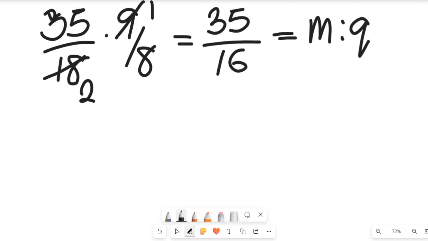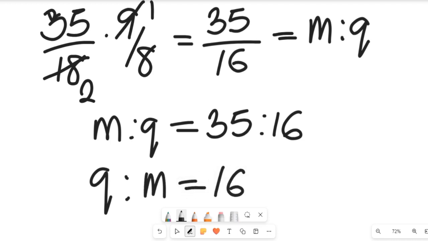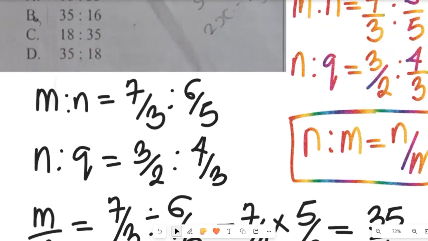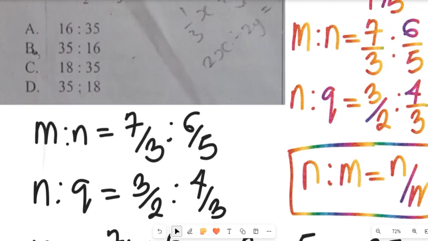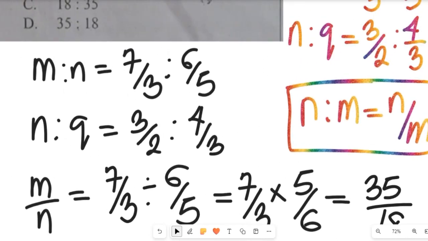So if m ratio q is equal to 35 ratio 16, that simply tells us that q ratio m will be equal to 16 ratio 35. And what are we asked to look for? We are asked to look for the value of q ratio m, which is what we have gotten: q ratio m is 16 ratio 35.